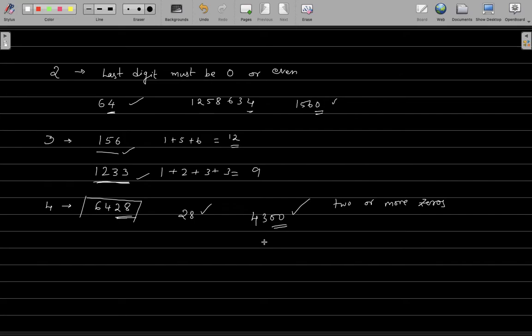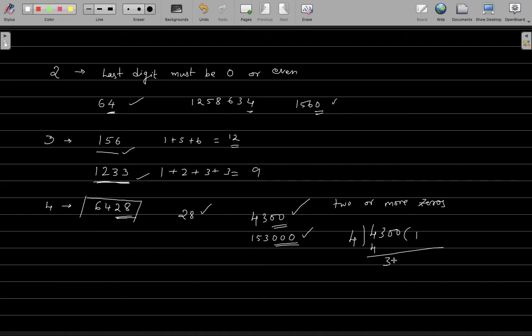Suppose I give you a number like 153000. Because there are three zeros towards the end of it, you can say yes, this number is divisible by 4. You can verify if the statement is right or wrong by just dividing this number by 4. Let us say I am dividing 4300 by 4. 4 times 1 is 4.